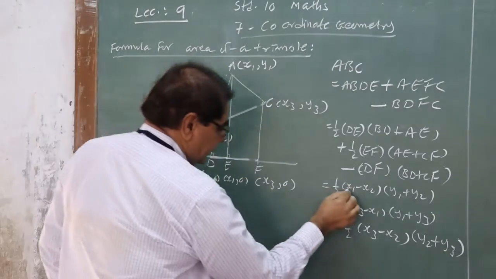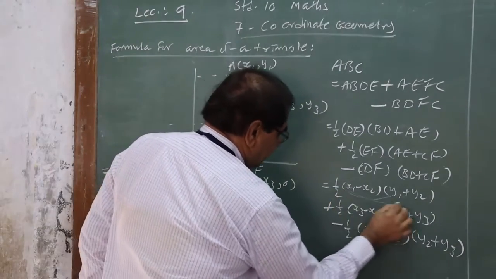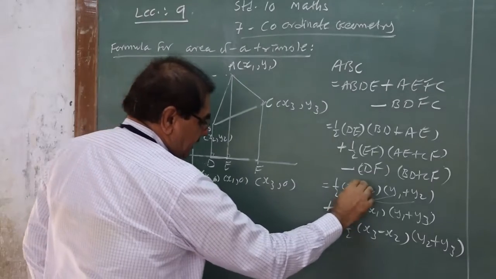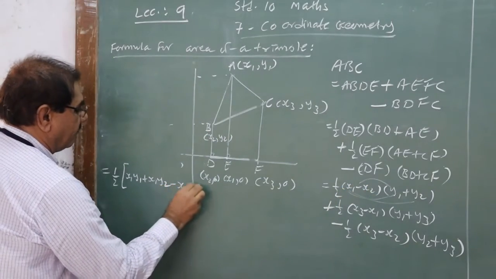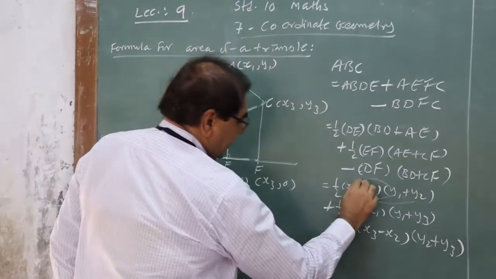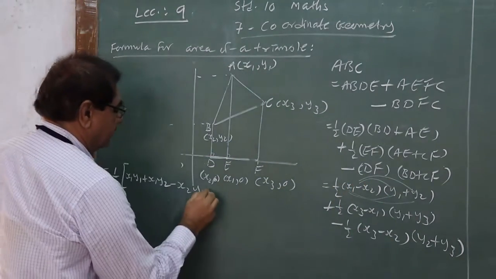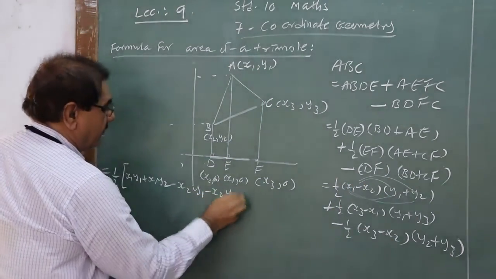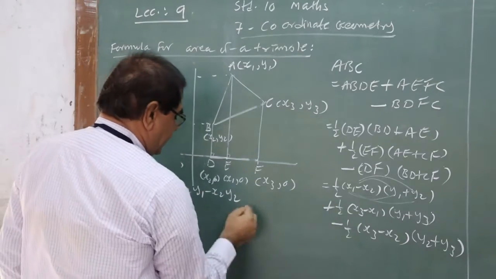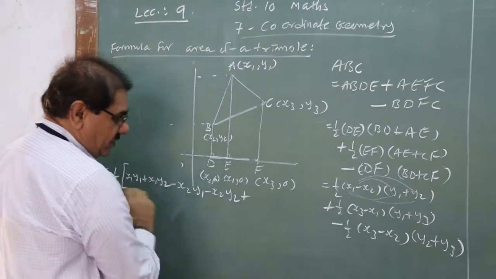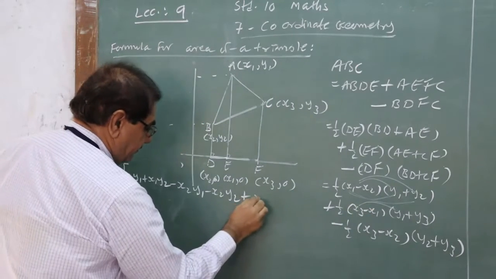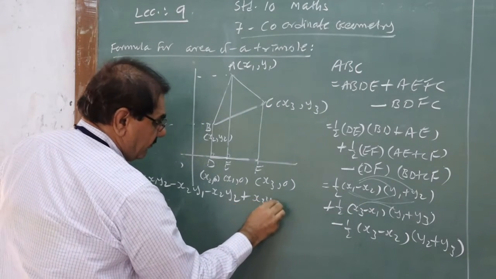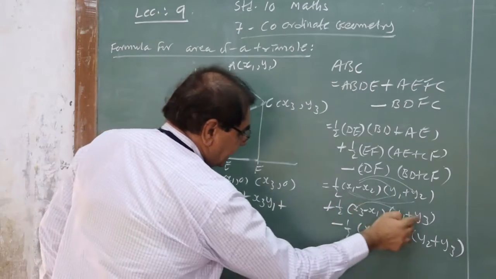It is the first one, see, x1 y1 plus x1 y2. Now with the second term minus x2 y1 minus x2 y2. Got it? Here plus, 1/2 is taken as common. Go for this. x3 y1 plus x3 y3.